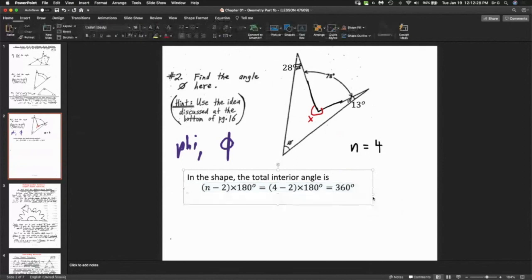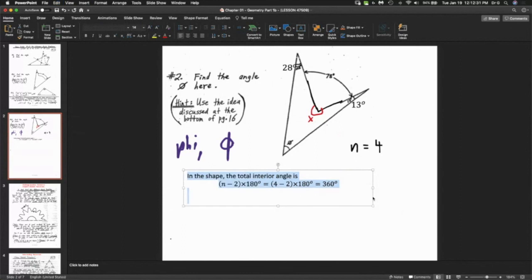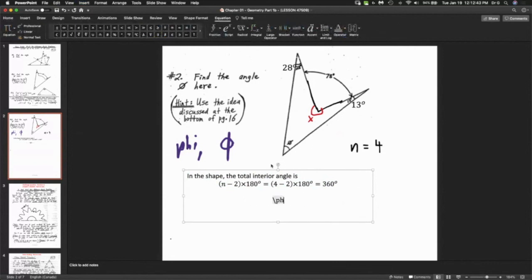Very good. So we know that it's 360. We also know that if we add up all the angles on the inside, so let's talk about these angles here, we have the Greek letter that we're trying to solve for, plus 28 plus 13.